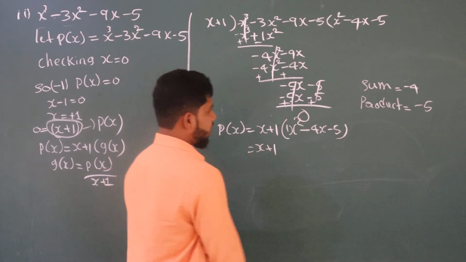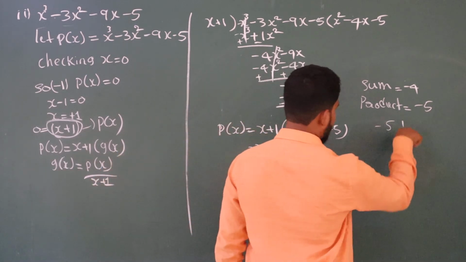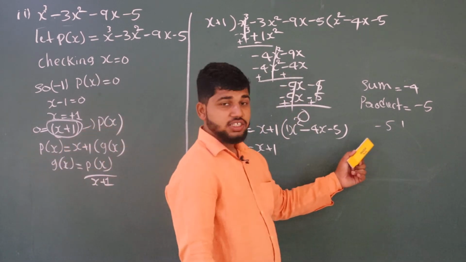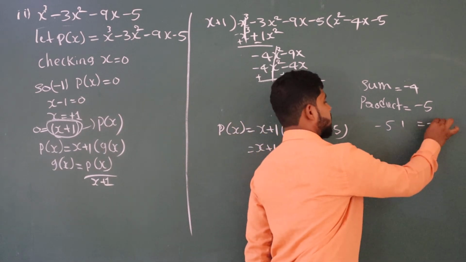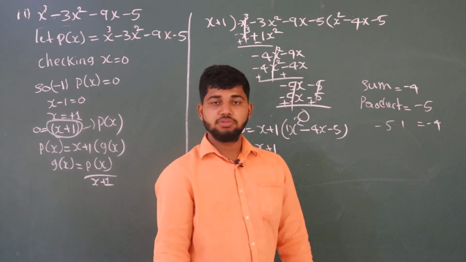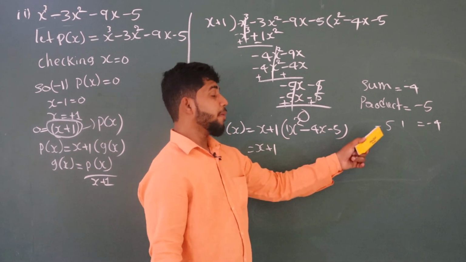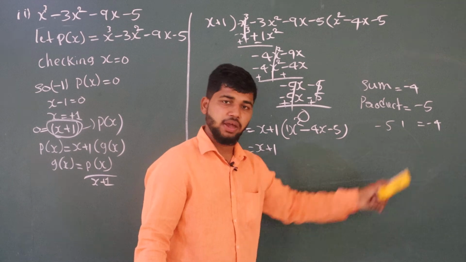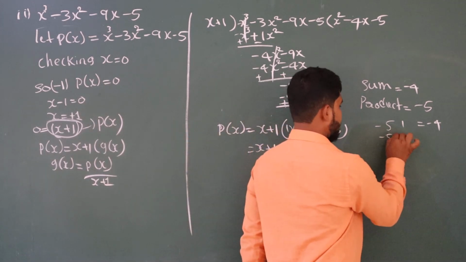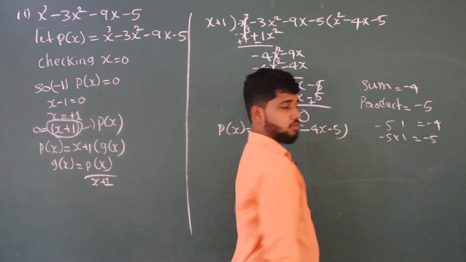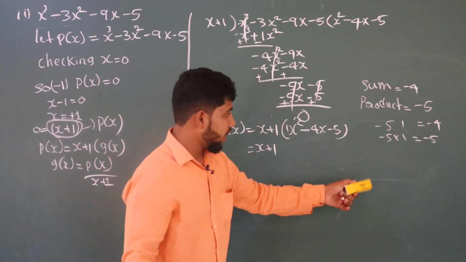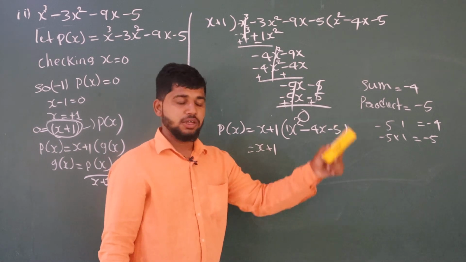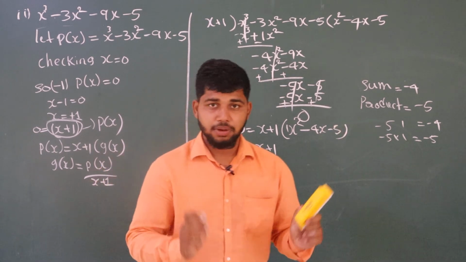If you take minus 5 and 1, the sum of these two numbers is minus 4, and multiplying minus 5 into 1 gives minus 5. These are the two numbers we use for splitting the middle number.